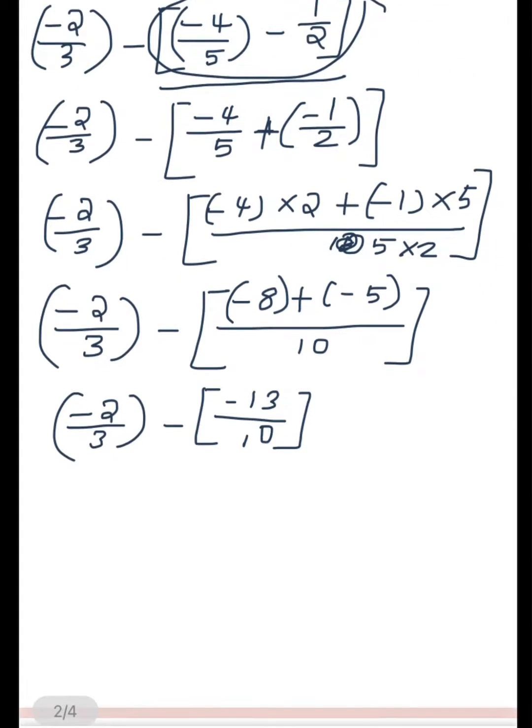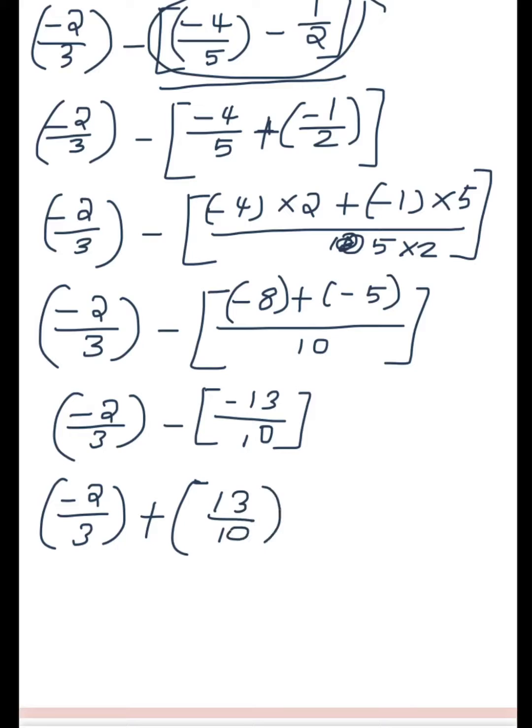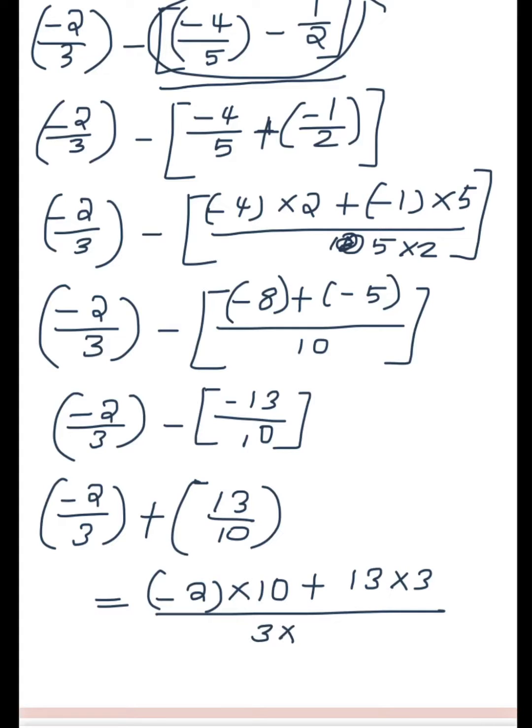Now let's do the remaining, that is minus 2 by 3. Instead of minus you can write plus, and what is the additive inverse of minus 13 by 10? It's 13 by 10. So what will be the answer? Just cross multiplying, minus 2 into 10 plus 13 into 3 divided by 3 into 10.